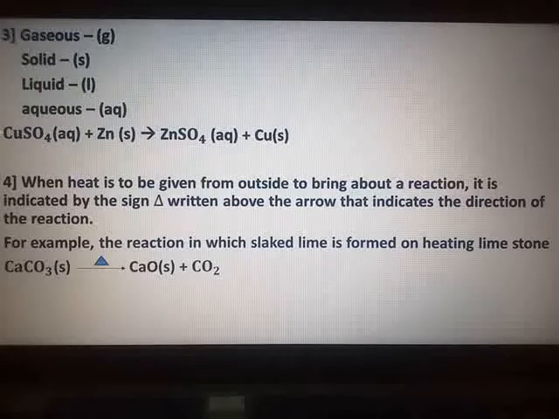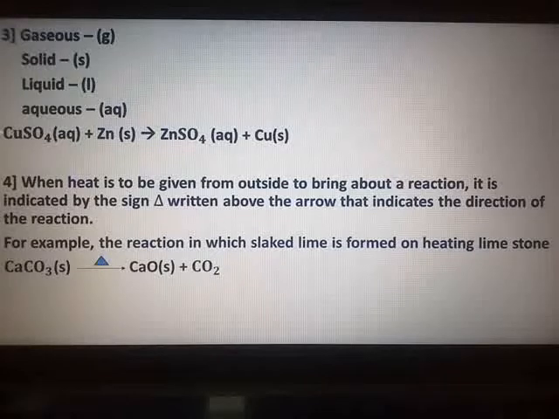So here also, if you want to make your equation more informative, means looking at the equation, a person should come to know that yes, this and this chemical is taken in the liquid form. Here the product carbon dioxide is in the gaseous form.